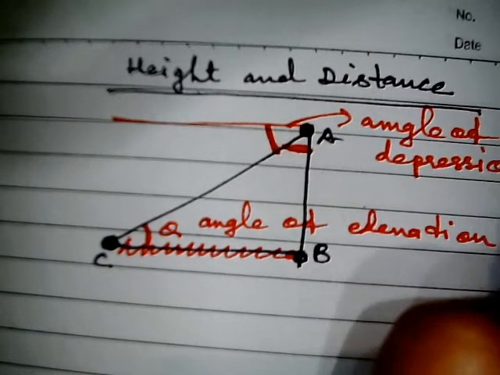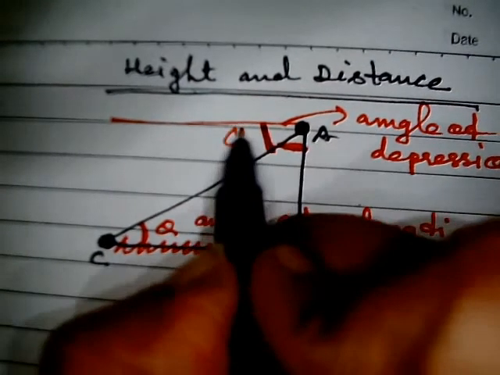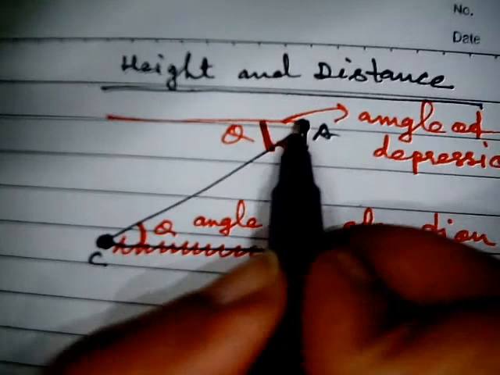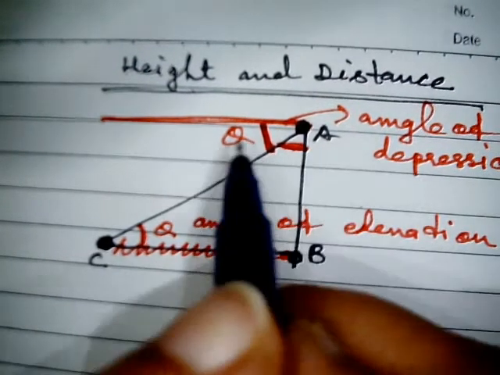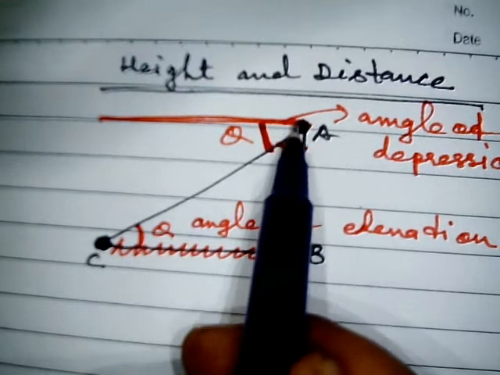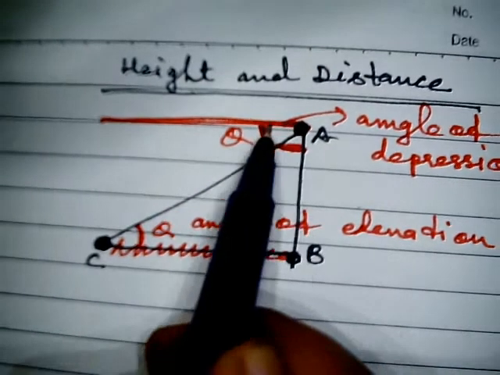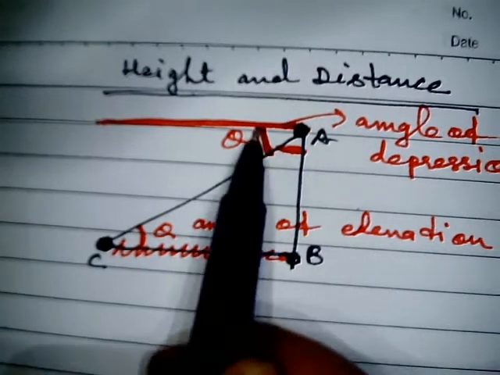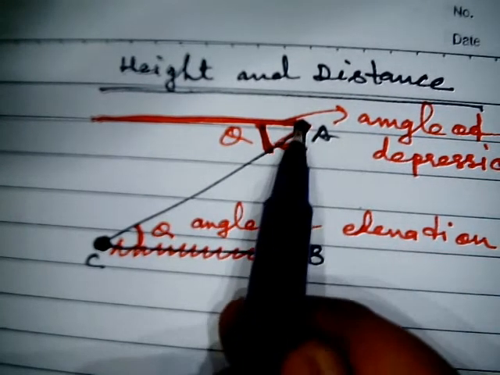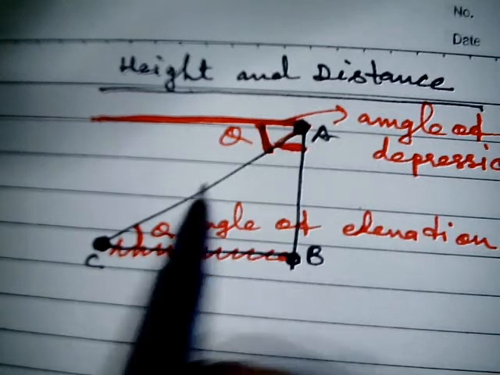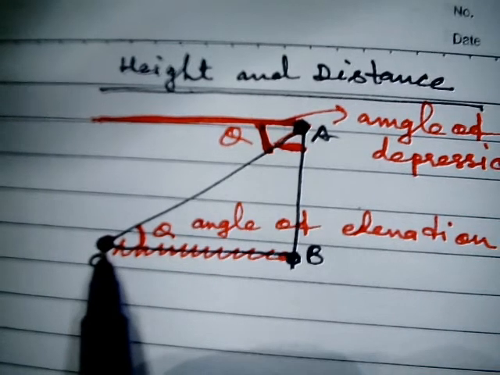To make the angle we always need a horizontal line. So parallel to your eyes we draw a line and make the angle, and this is the ray coming through your eyes and observing this point or this object, whatever object is placed over here.